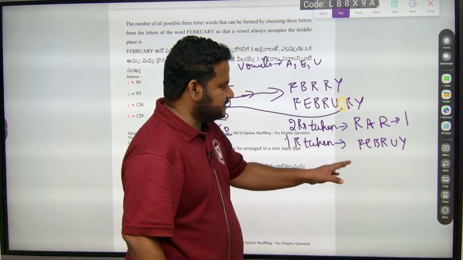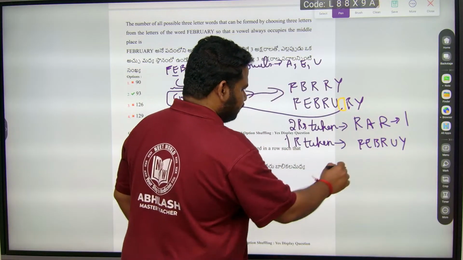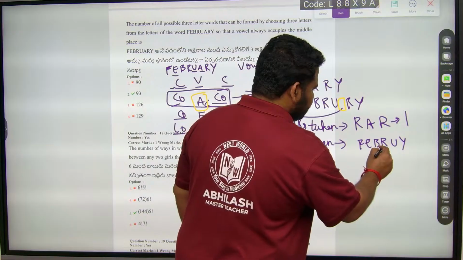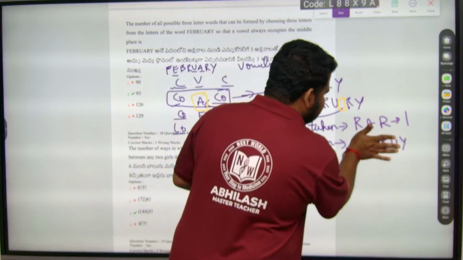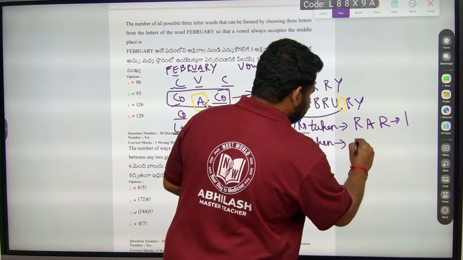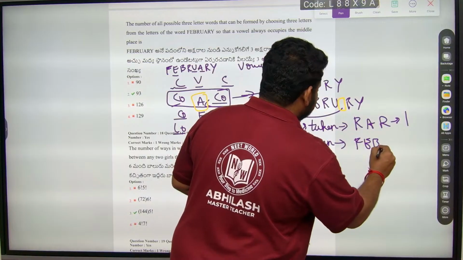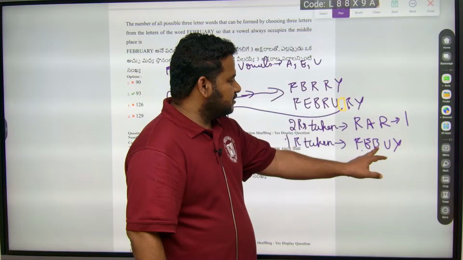If 1 R is taken, another 5 letters are there. Only 1 R is taken, so the other R I have to remove definitely. Remaining letters are F, E, B, U, Y.